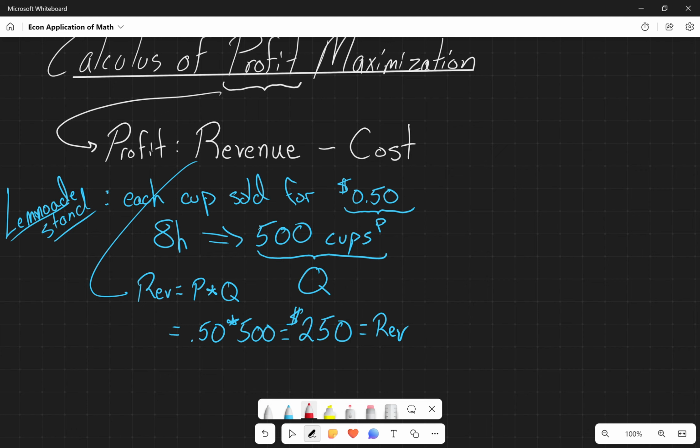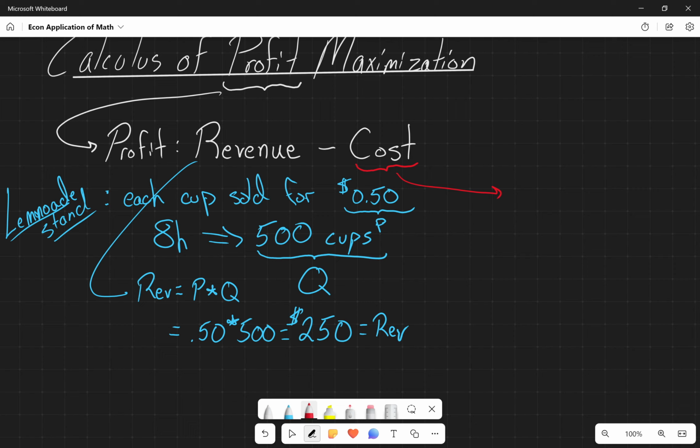Now, when we're talking about the flip side, our cost, once you get into microeconomics, you'll find there are multiple different ways of looking at costs. There's costs that stay fixed. There's costs that are variable. Right now we're just going to keep it to variable costs, but we'll complicate it in a little bit here.